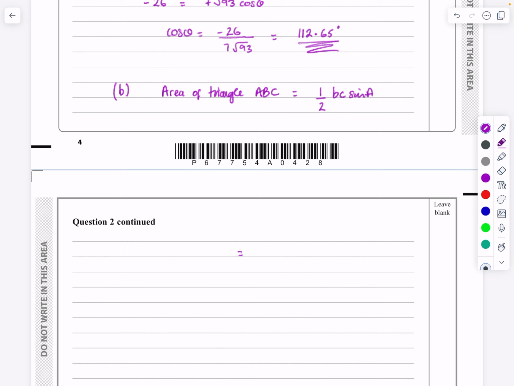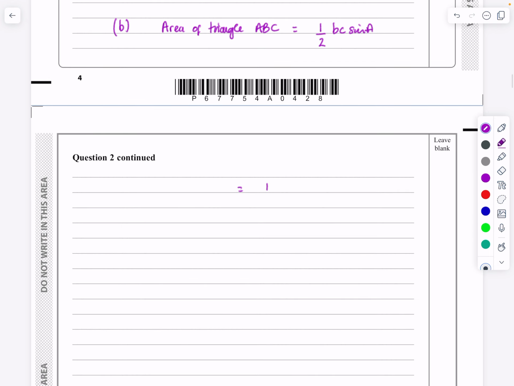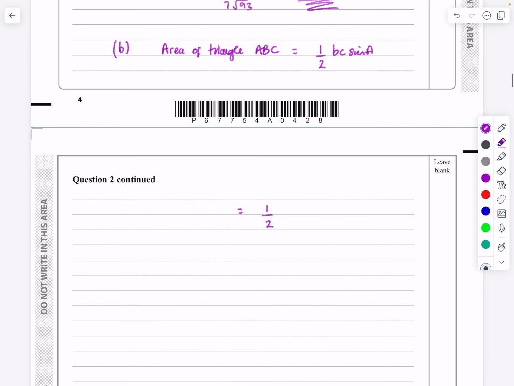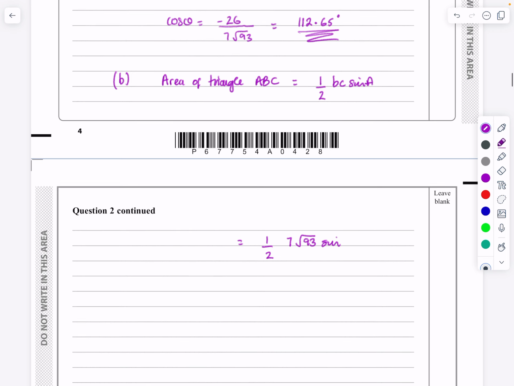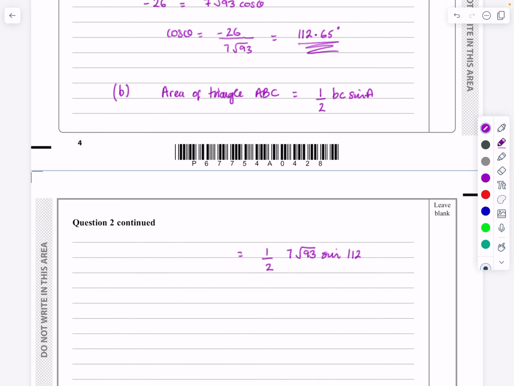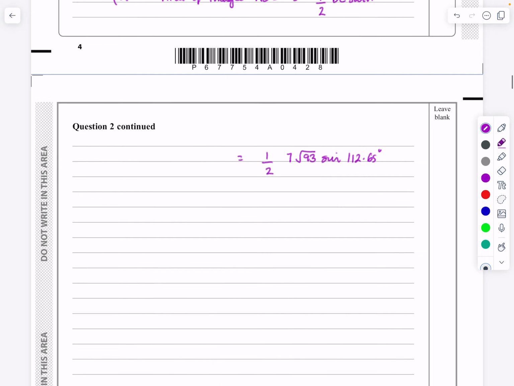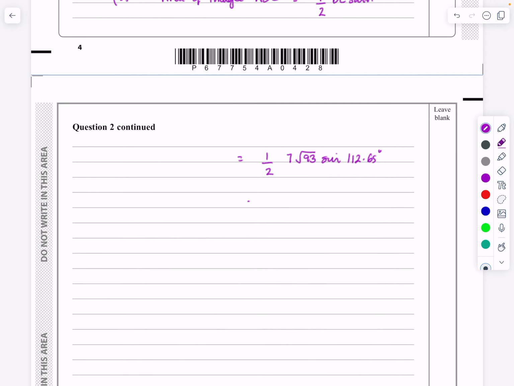So that's going to work out to be half. We've already got the moduluses from before. 7 root 93 sine the angle that we had. Keep the exact angle on your calculator, please. So that works out to be 31.15 units squared.